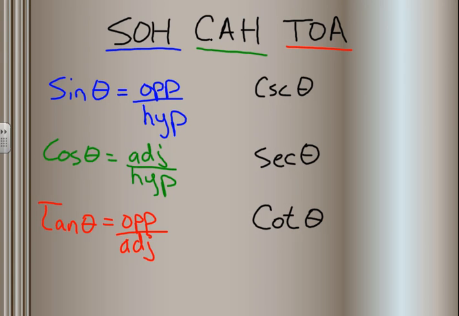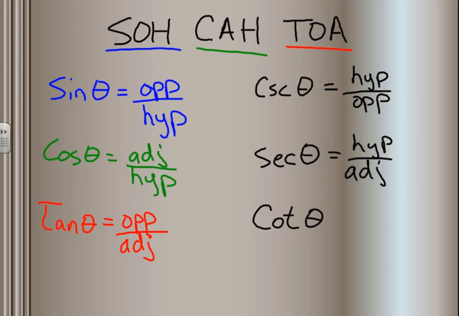Now you have to remember, cosecant is essentially sine of theta flipped, which is hypotenuse over opposite. Secant is cos flipped, which is hypotenuse over adjacent. And cot is tangent flipped, which is adjacent over opposite.